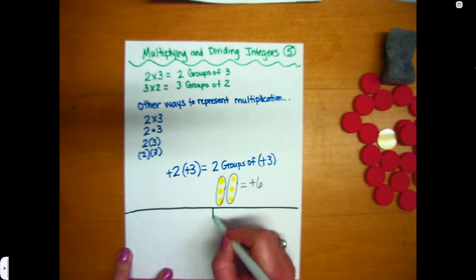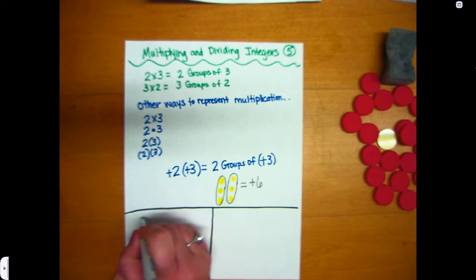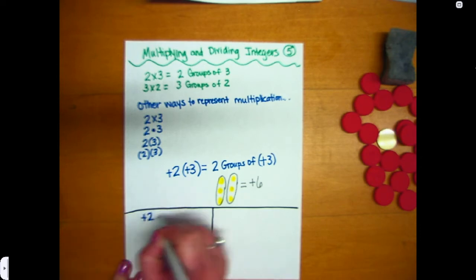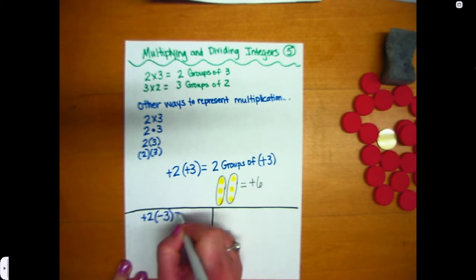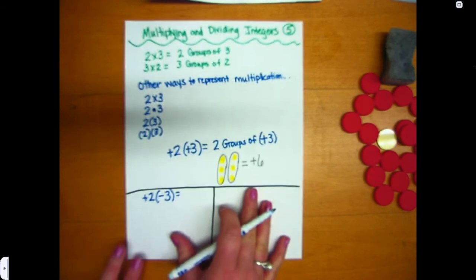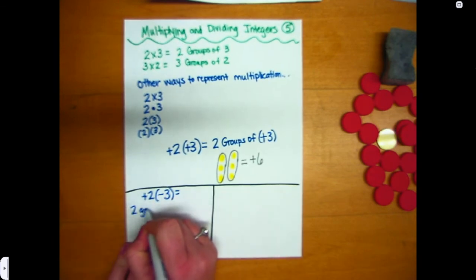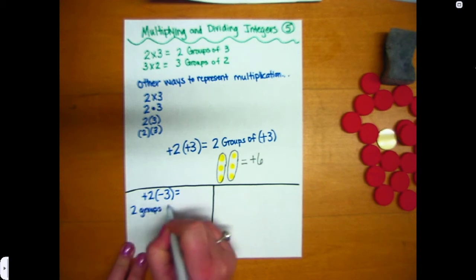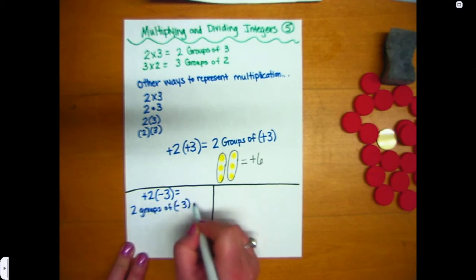Because we're going to model two other ways. What if it says positive 2 times negative 3? This would mean 2 groups of negative 3.